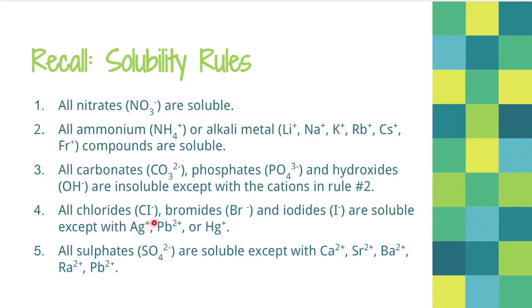Fourth, all chlorides, bromides, and iodides are soluble unless they are paired with silver, lead, or mercury. And finally, all sulfates are soluble except when they are with calcium, strontium, barium, radium, or lead ions.